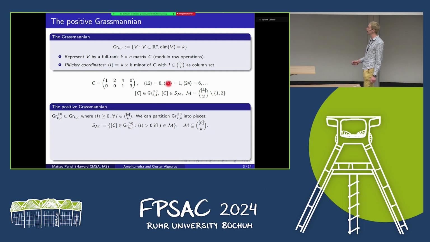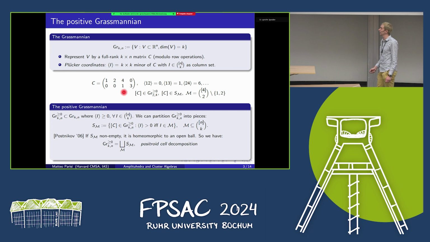In this example, you can see all the Plücker coordinates of the matrix are non-negative, so it represents an element of the positive Grassmannian. This matrix C also represents an element in S_M, where M is the collection of all two-element subsets of the set 1 through 4, except 1,2, because Plücker 1,2 is 0, while all the others are positive. So this is just a definition.